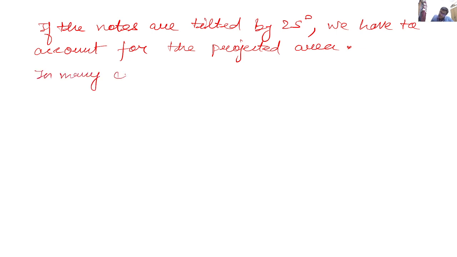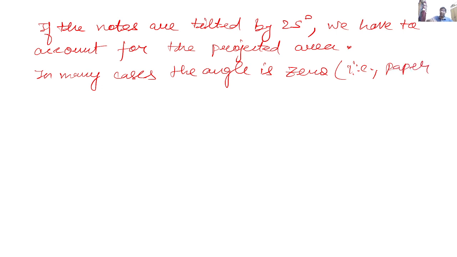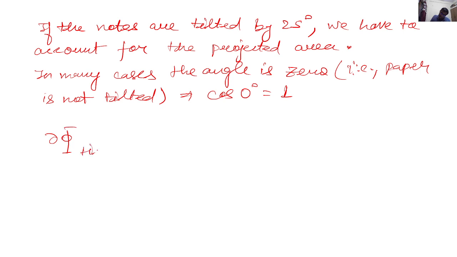In many cases of radiometry the angle is zero, but that is not the case in this question. The paper is not tilted in many cases, as the one which you saw just now. So for those cases cos 0 degree is 1, so there is no correction at all, but in this case you need to take into account the tilt correction.